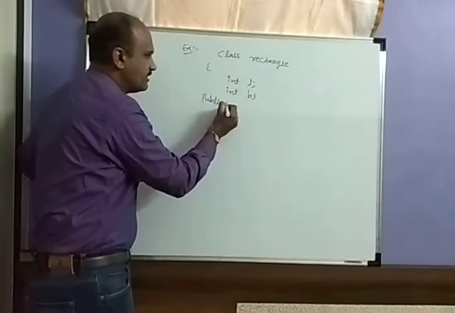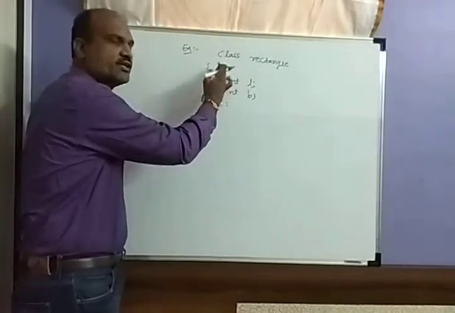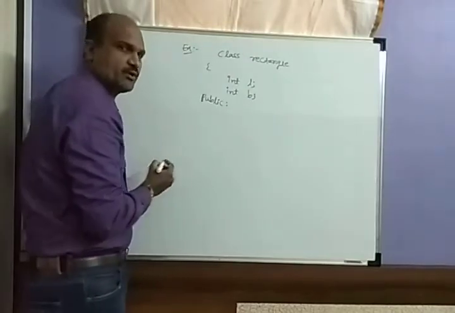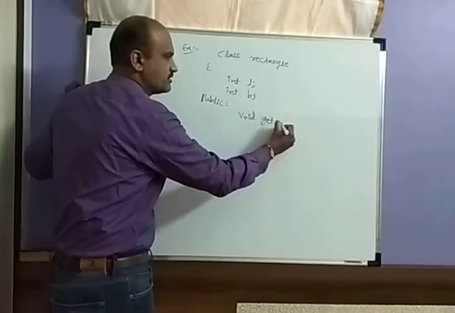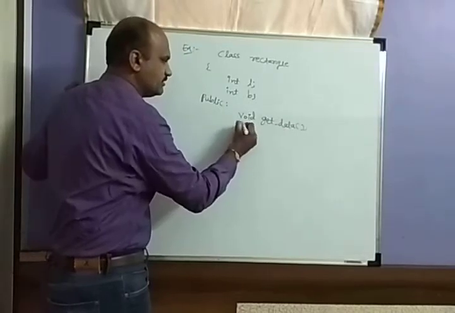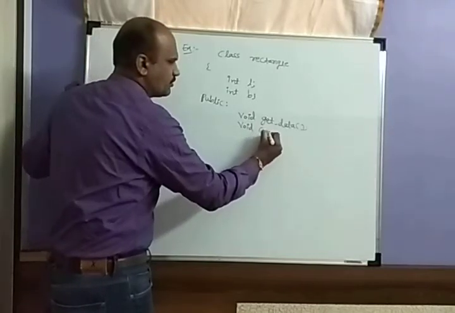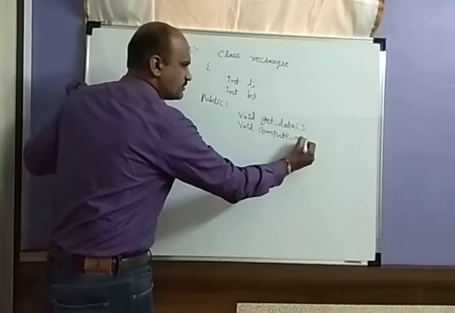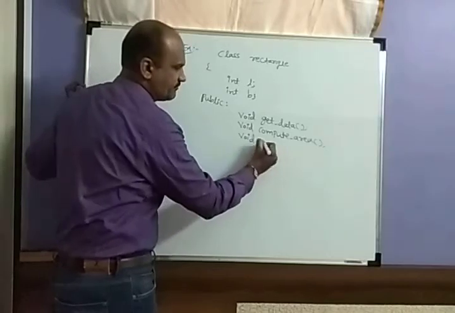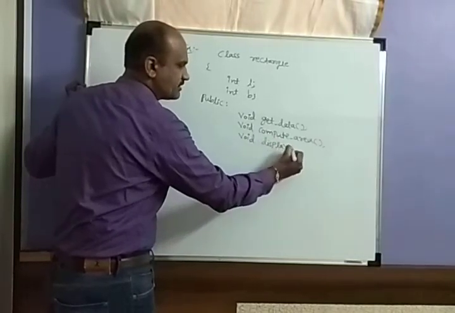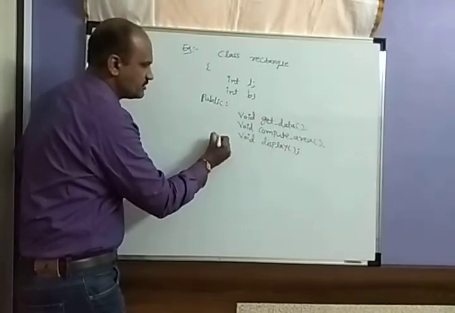If you do not declare any access specifier, by default this section is considered private. Then in the public section we define three functions: get data, compute area, and display. Then close the brace and semicolon.